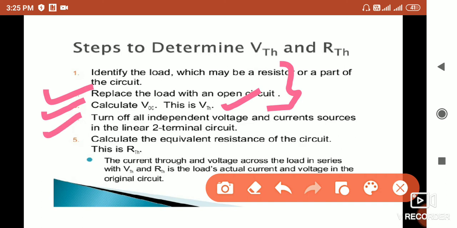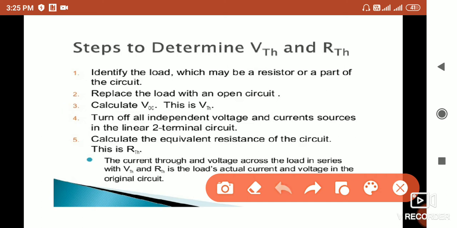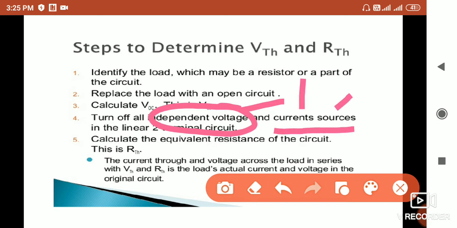Now the fourth point is for RTH. So how to find RTH? The first thing is that we turn off all independent voltage and current sources. For example, if you have an independent voltage source, it will be short circuit, and if you have an independent current source, it will be open circuit. In short circuit, there is zero ohm resistance, and in open circuit, there is infinite resistance, very high resistance.